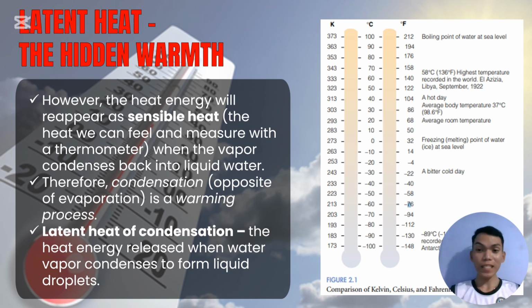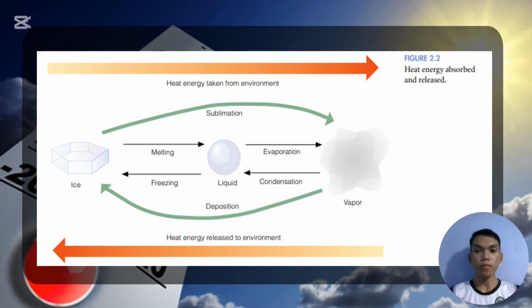This is energy stored in the water vapor and released when it condenses back to liquid, which we call the latent heat of condensation. Just like in this figure, which shows how heat energy is absorbed and released.